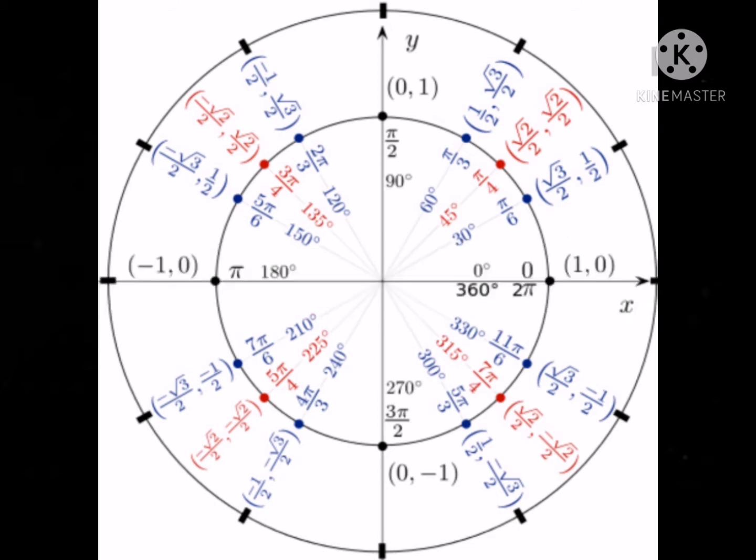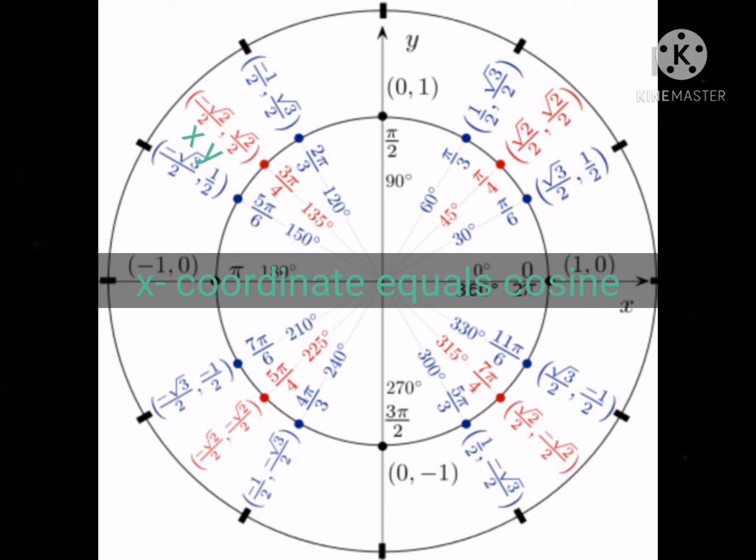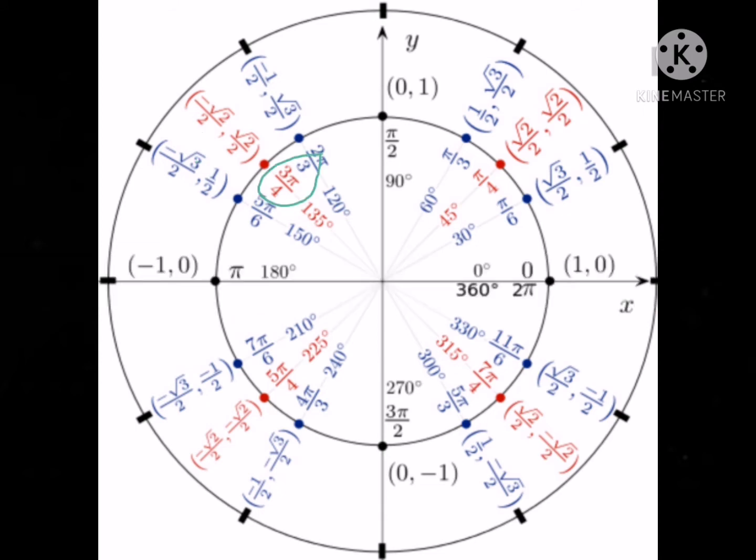But what if you get a problem that uses radians instead of degrees? The process for solving it is still the same. For example, you get a problem that looks like this. Again, using the chart above, we can see that the x-coordinate, or cosine, for 3 pi over 4, which is equal to 135 degrees, is negative square root of 2 over 2.